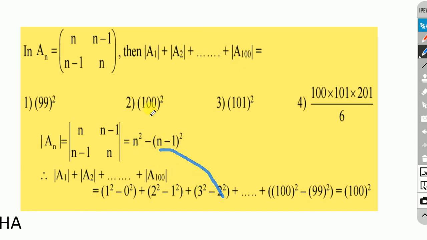Similarly, when you put n equals 100, I have 100 square minus 99 square. So here 1 square will be eliminated, 2 square will be eliminated, and similarly every element is eliminated except 100 square. Therefore 100 square is the right answer. So in this way also we can find the solution for this question. So the answer is option 2.